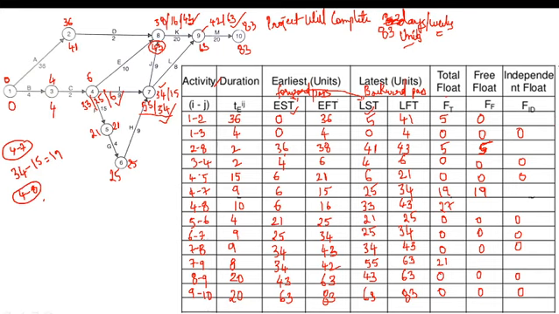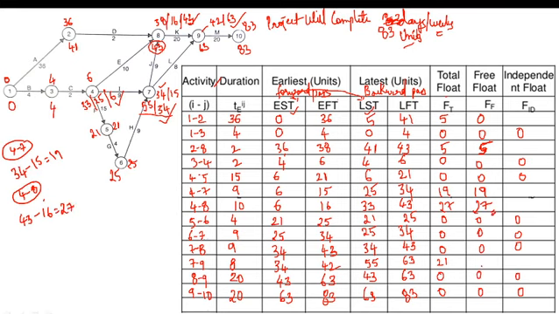The EST, earliest start time, of 8 to 9 is 43. 43 minus EFT of 4 to 8, which is 16. So 43 minus 16 gives 27. Write down 27 over here.